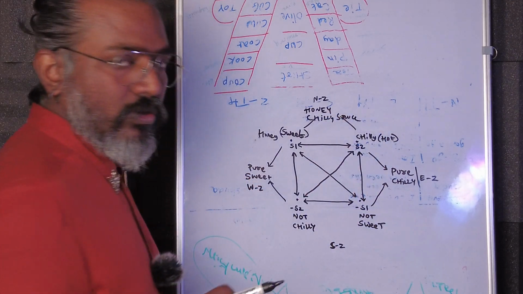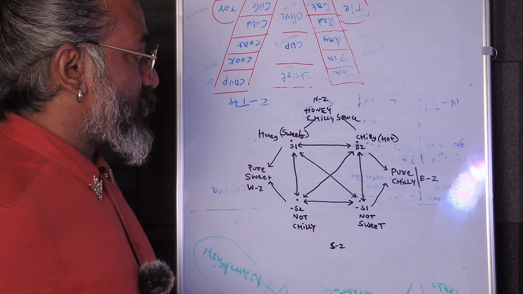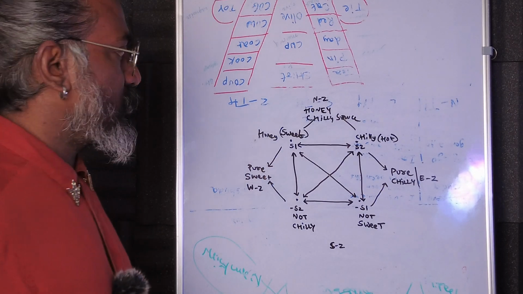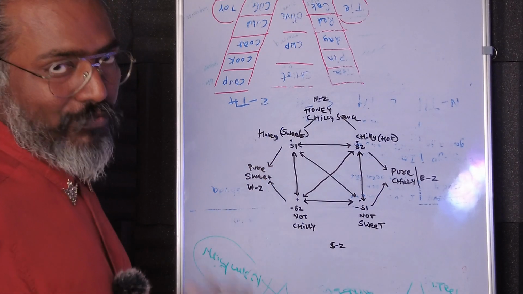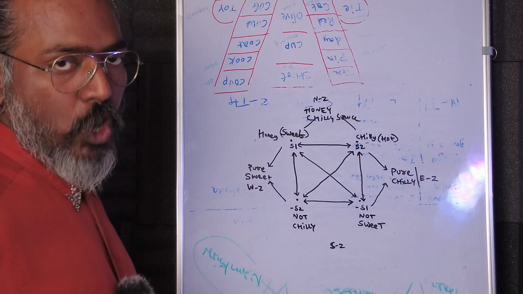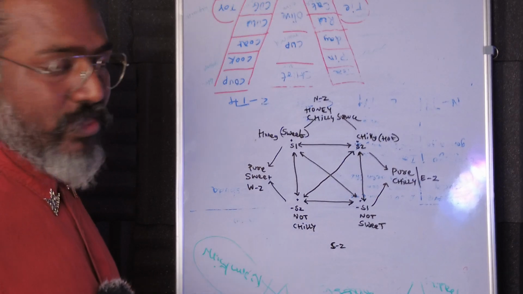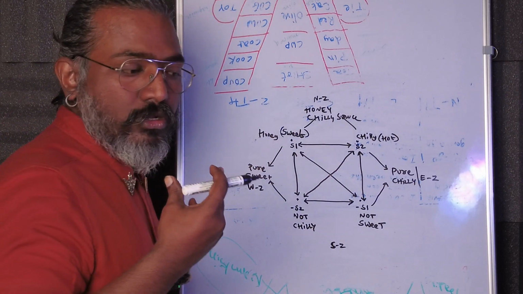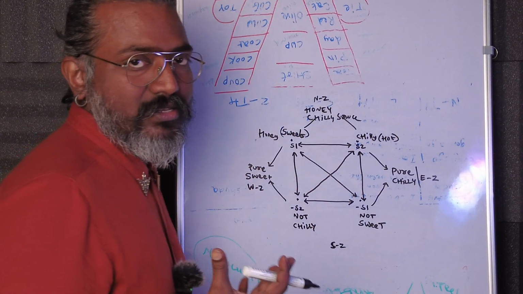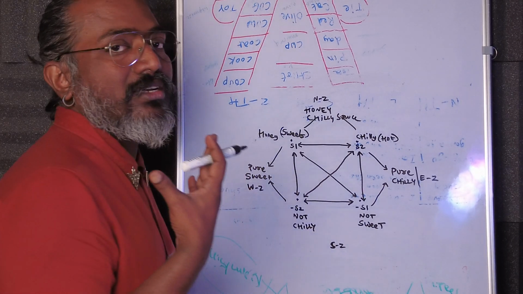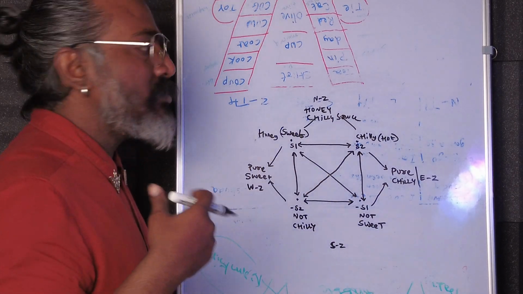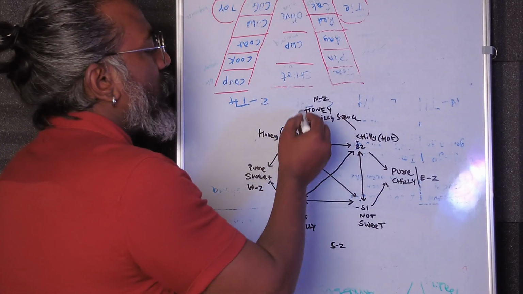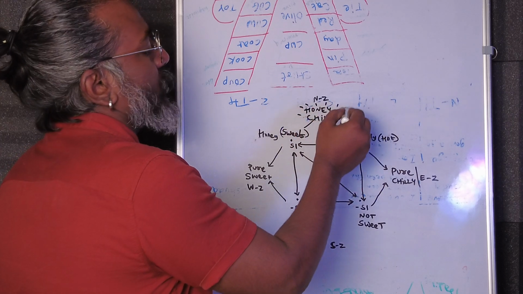Honey is obviously sweet, chili is obviously hot, and you get a sauce. And a good number of people enjoy that because it has two contrast tastes coming together and creating a new taste, a new experience, or a mixed experience.